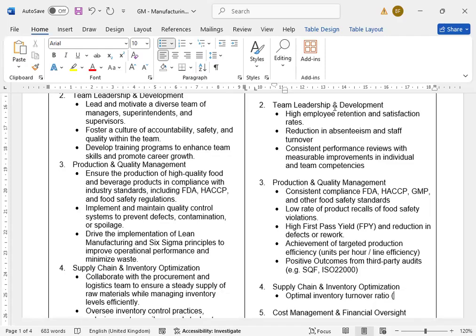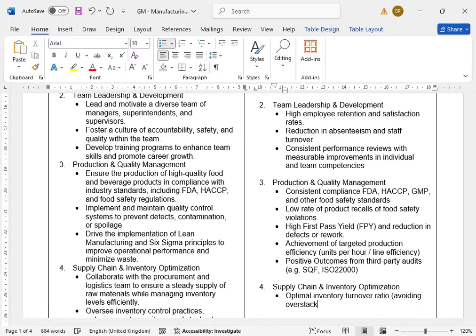What I say is avoiding overstocking of raw materials or even finished products.